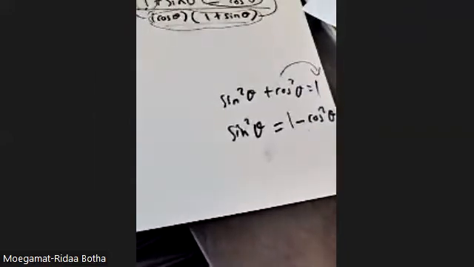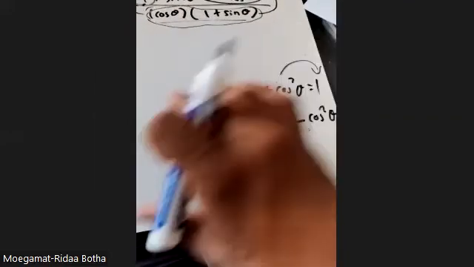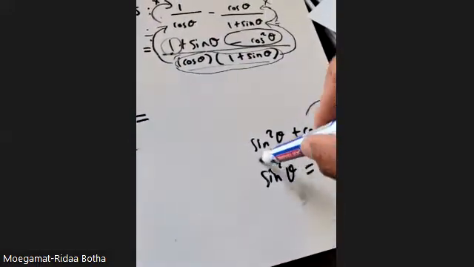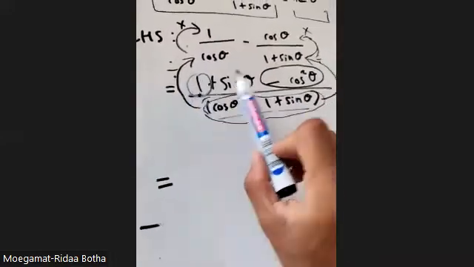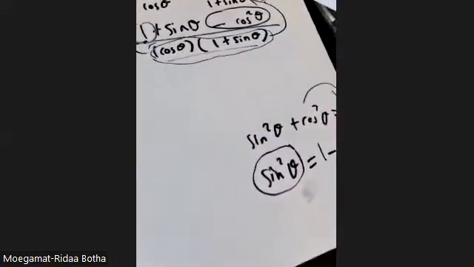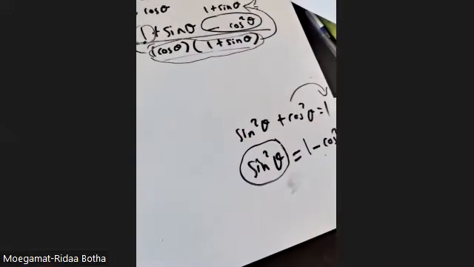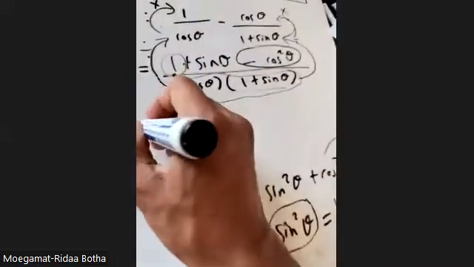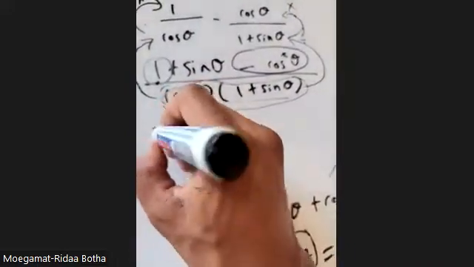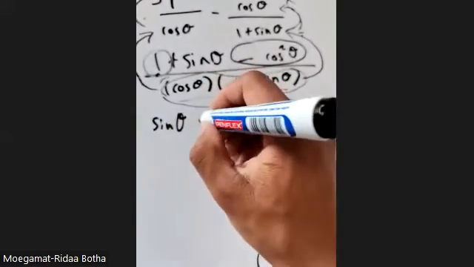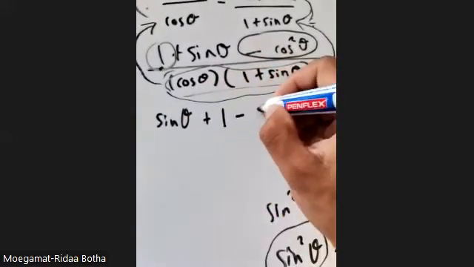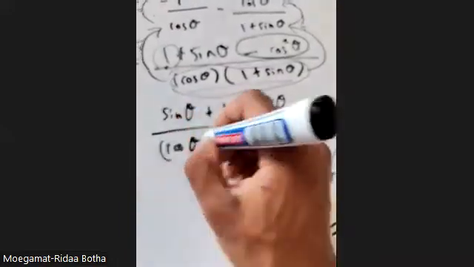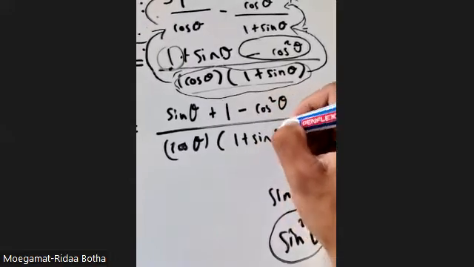So what I'm thinking that we can try to do is substitute, we can just take away this 1 minus cos squared theta and then just put there sin squared theta. Understand? So it's like this can also be written as sin theta plus 1 minus cos squared theta over cos theta 1 plus sine theta.